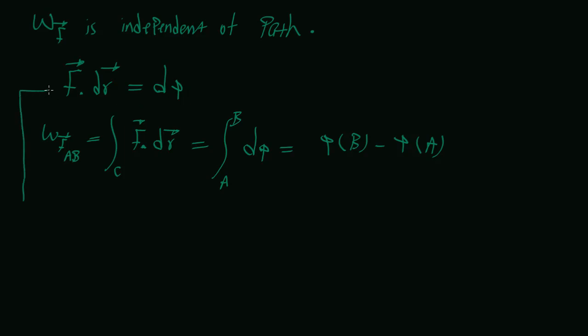F dot dr, we have said, is equal to a differential of a function phi. What would be the differential of function phi, which could be a function of x, y, and z in general? We saw that F is a function of x, y, and z. So let's say that phi is a function of x, y, and z.